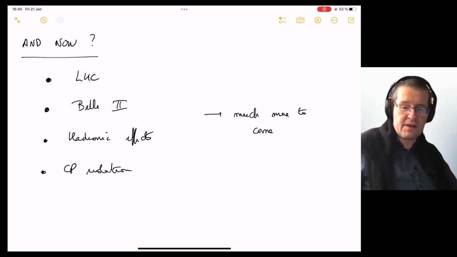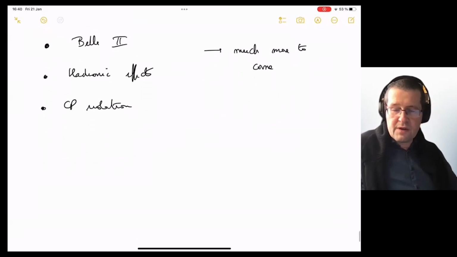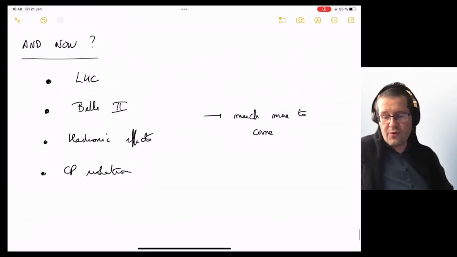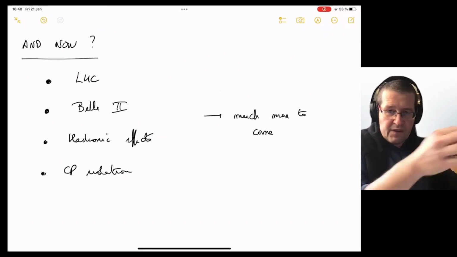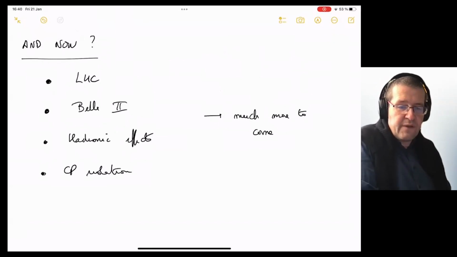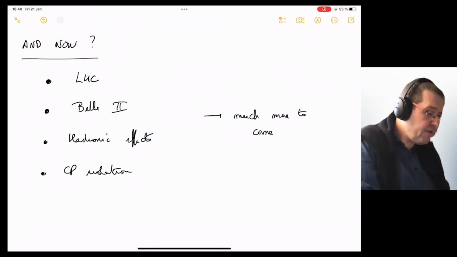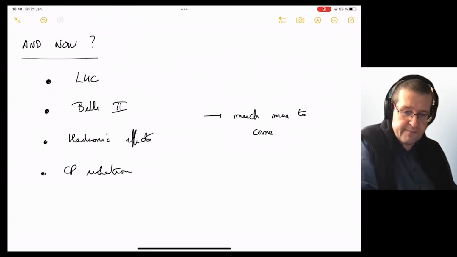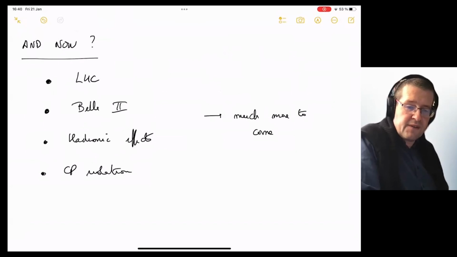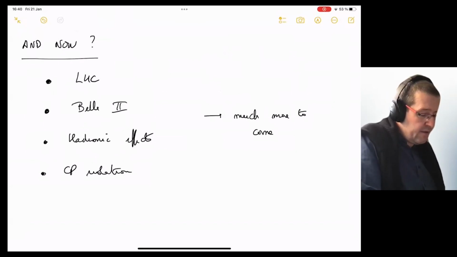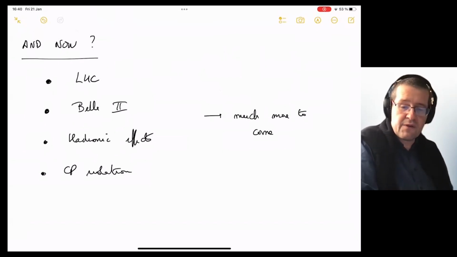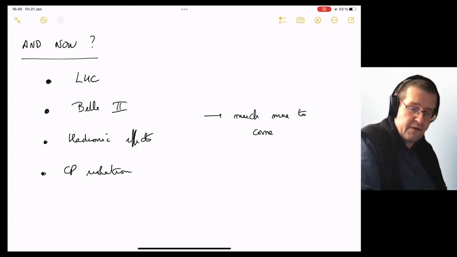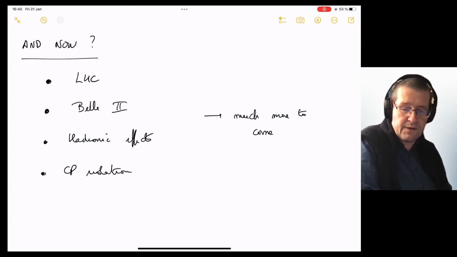Okay, so there is much more to come on all these sides, so that will keep being quite exciting. And so to wrap it up, I've tried to show you during this set of lectures that flavor is at the same time a very interesting tool to probe the Standard Model, but also to probe new physics. In both cases, that's related to the hierarchy of quantities, masses, couplings that are present already at the level of the Standard Model, and the capacity of having a quantum sensitivity to higher energies.